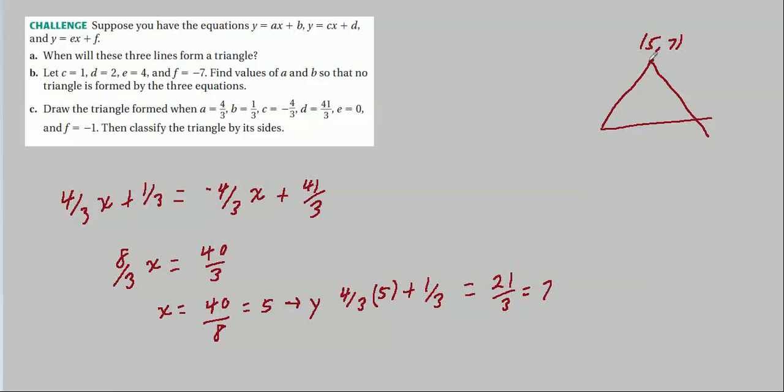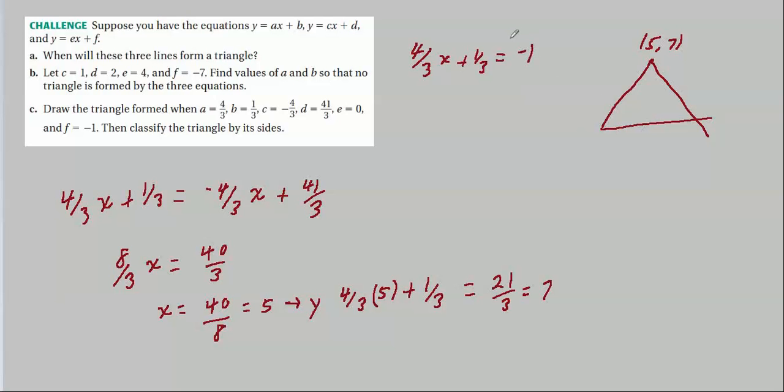The next two intersection points are going to be pretty easy, because we only have x's in one of the equations. For instance, this one. This is the one with the positive slope, so this is the 4/3 x plus 1/3 equals minus 1. This whole line here is just y equals minus 1. So this becomes fairly easy.